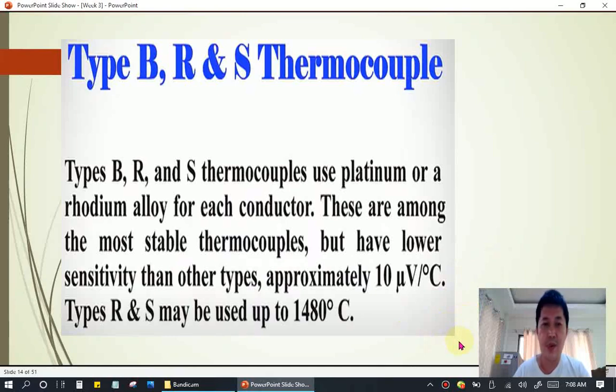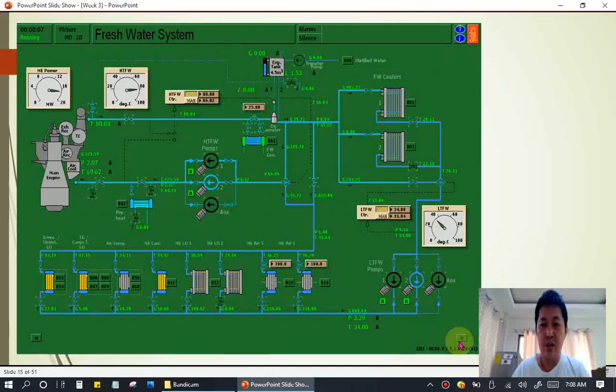So here is the application. One of the applications of our thermocouple is in the cooling system of our main engine here. The high temperature press water of the main engine, and the low temperature press water of your auxiliaries.